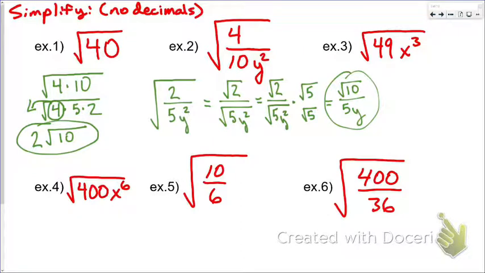All right, this problem, hopefully everyone knows square root of 49 is 7. And if you need to, break that x into 3 x's. So square root of 49 is 7. I see a pair of x's, so that can come out as just an x.